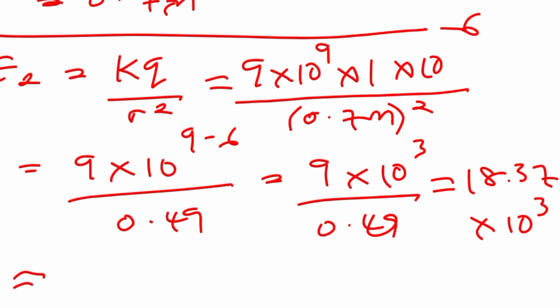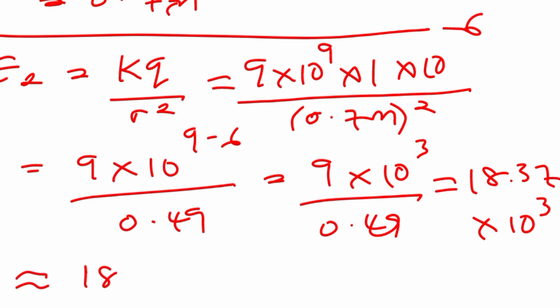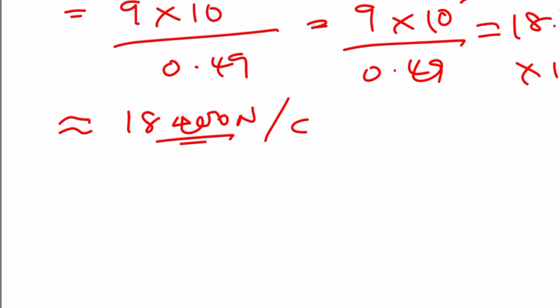We can approximate this to be 18,400 Newton per coulomb. So we can see that the electric field E2 is equal to 18,400 Newton per coulomb.